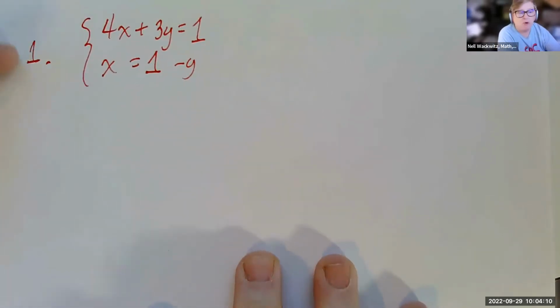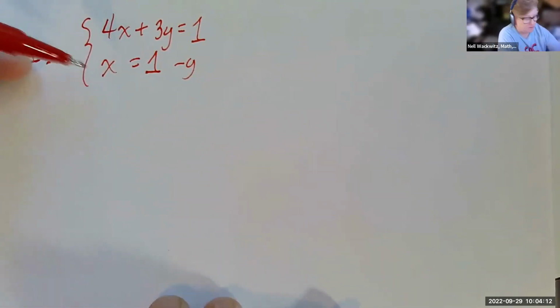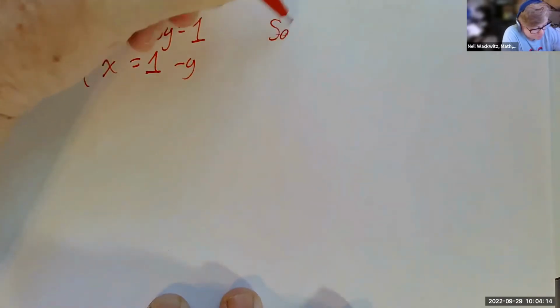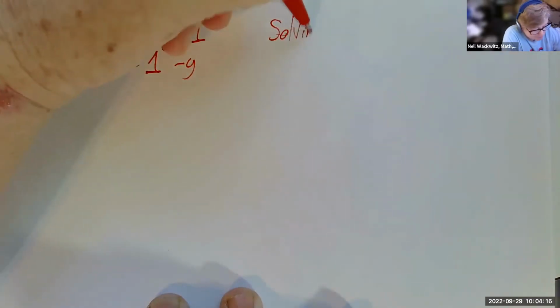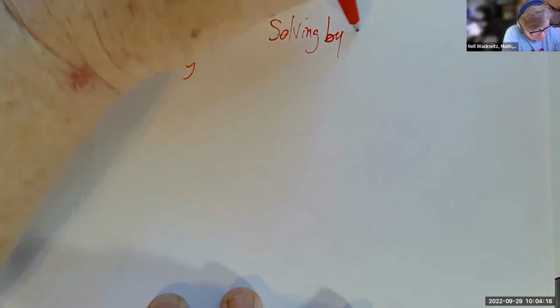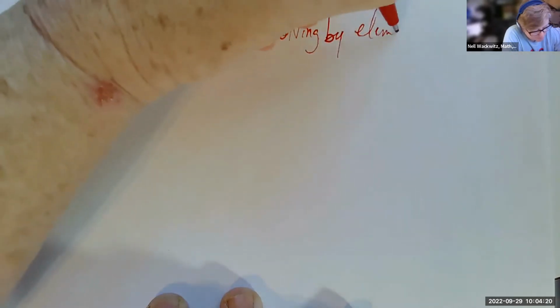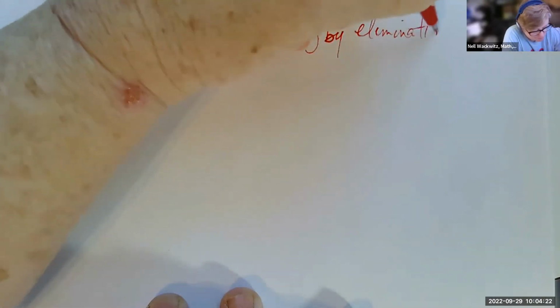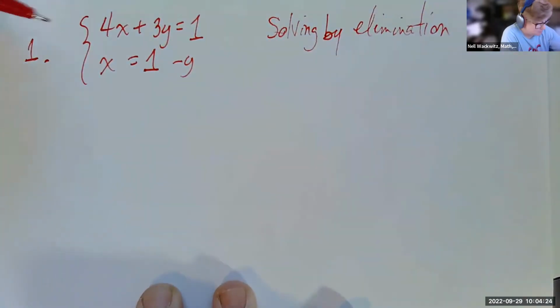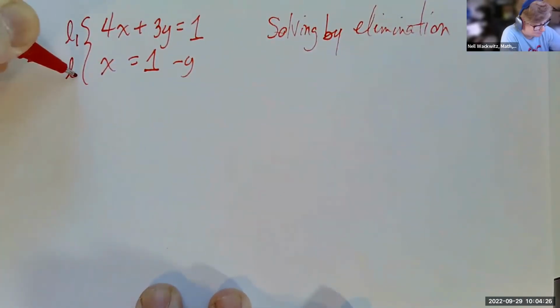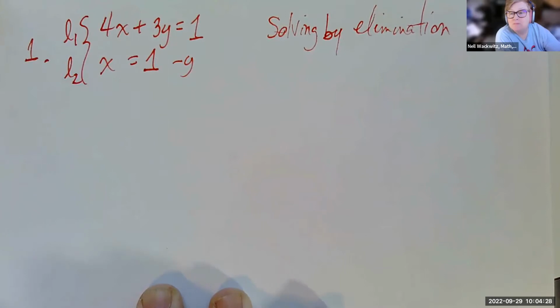Okay, so what is step 1 when we're solving by elimination? Step 1 is write each equation in a standard form.